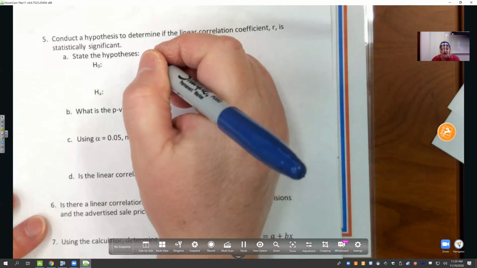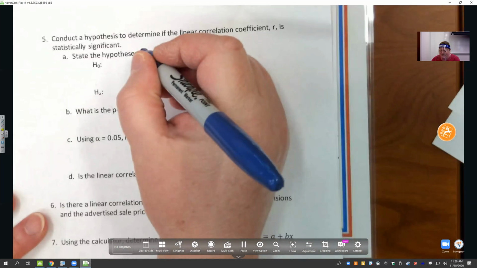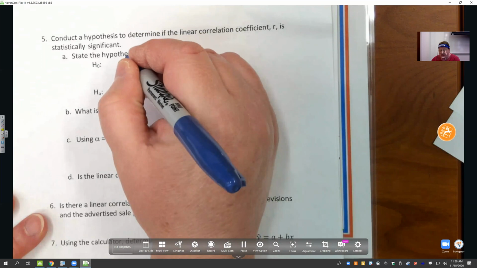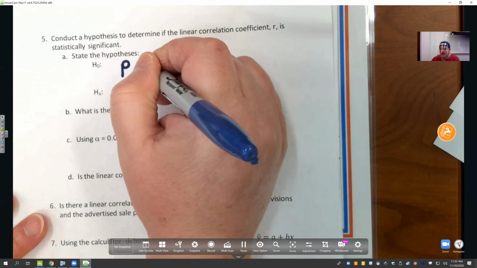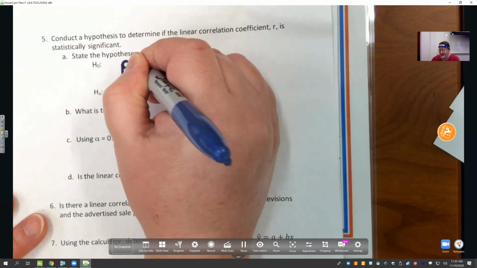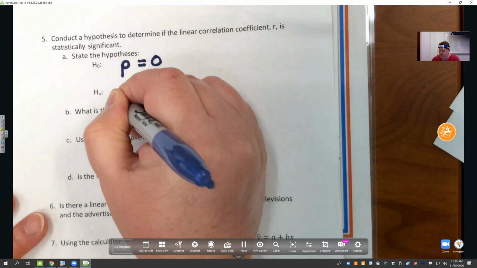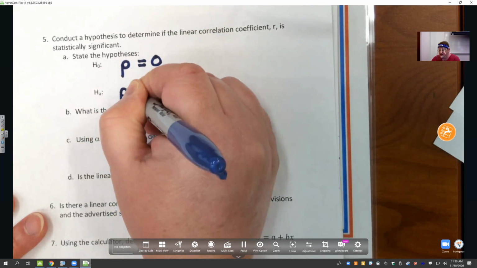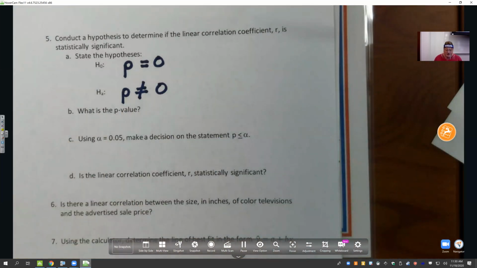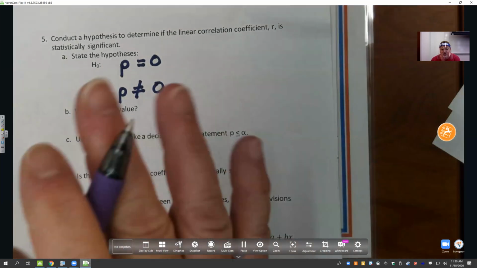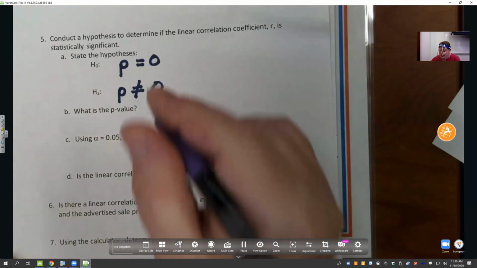The first step is you state your hypotheses. The hypotheses are always stated this way. Rho, which is your population linear correlation coefficient, equals 0 for the null, and rho does not equal 0 for the alternative. That's how you state them, and that would be the choices that you would make if you're taking your test or doing your homeworks. Okay, now, as a side note, let me remind you what that means.